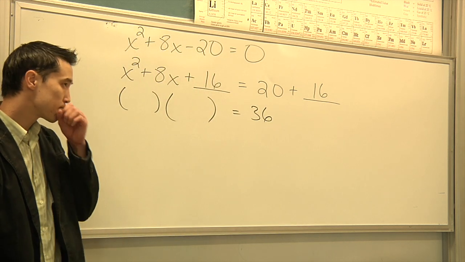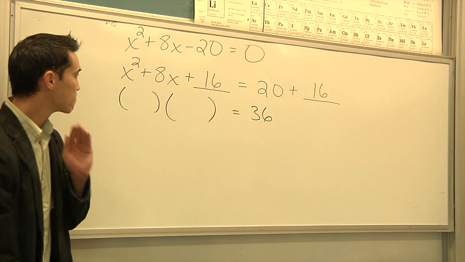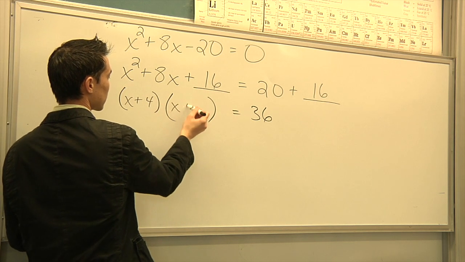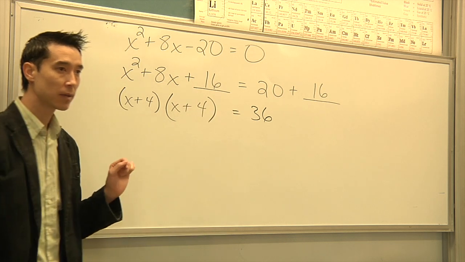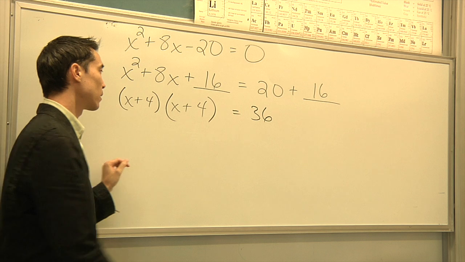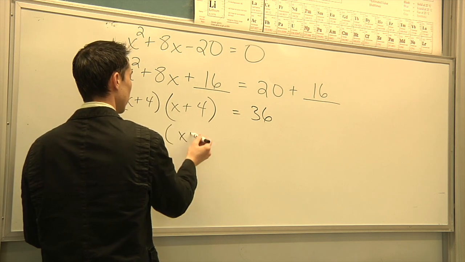Get it factored. What do you get? X plus 4 times x plus 4, right? And what's another way to write x plus 4 times x plus 4? X plus 4 squared.